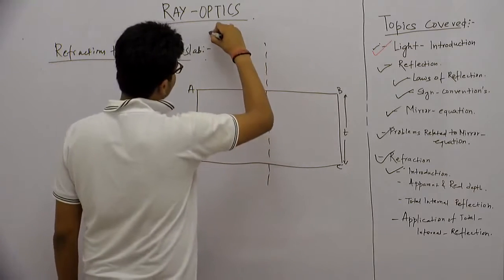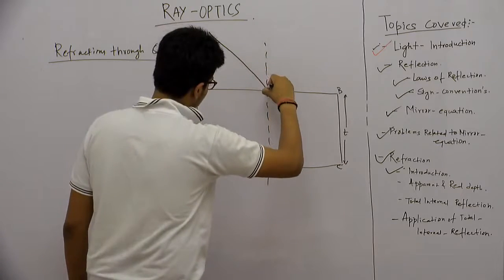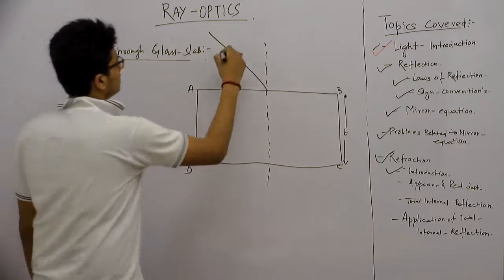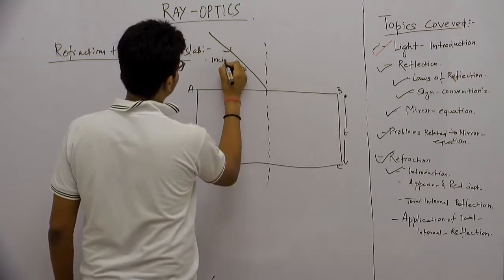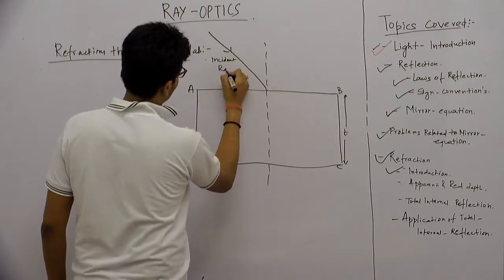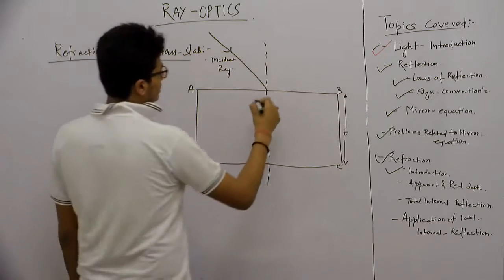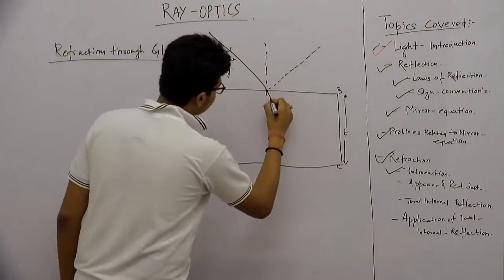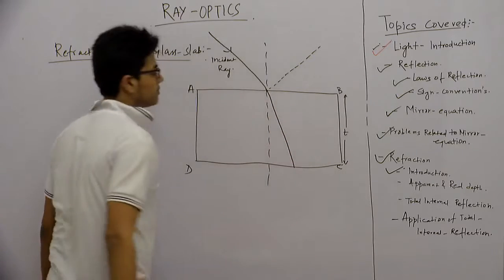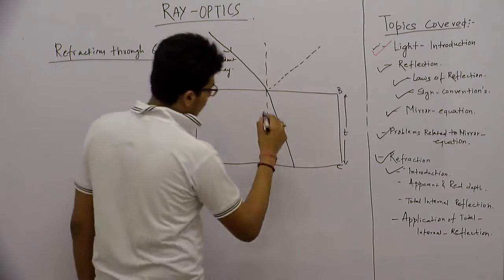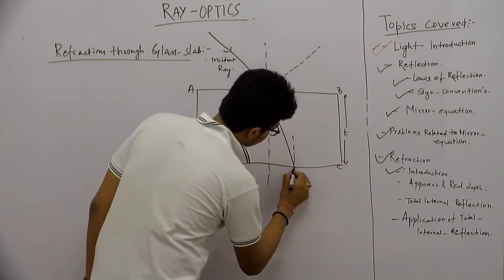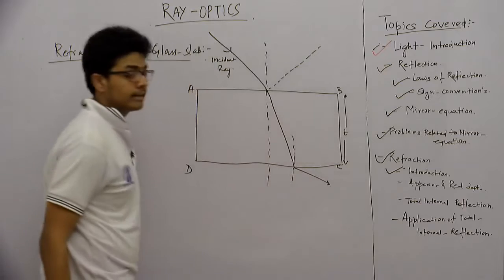When an incident ray falls on this glass slab, this is the incident ray. It is reflected and refracted to this part, and at this stage as well the refraction takes place and it goes like that.